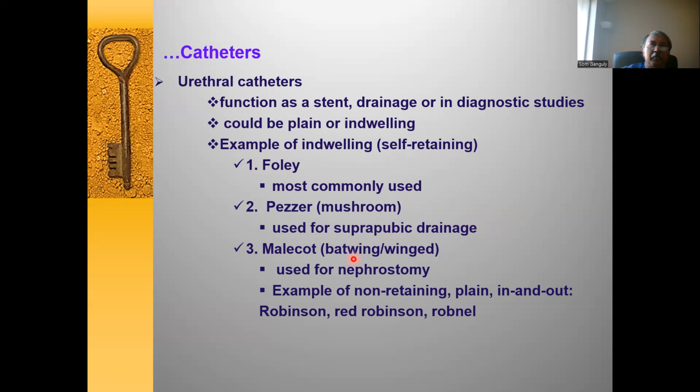Malecot, instead of a mushroom, has a bat wing. When it is deployed, the wing will hold the catheter. Malecot is used for kidney drainage, nephrostomy. When they are doing kidney-related surgery, after the surgery is done, they'll put a Malecot catheter in the kidney so it can drain the urine from the kidney.